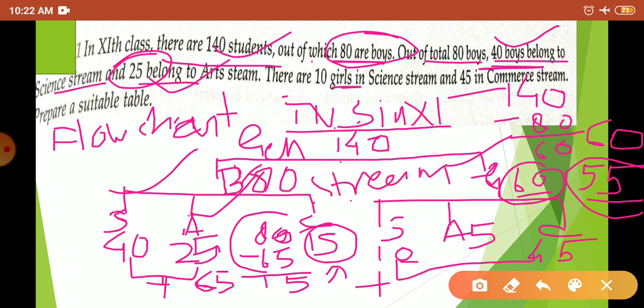So the heading will be total number of students in class 11th, and the subheading will be classification, division of the class on the basis of gender and stream. Okay, then what will be the caption? Boys and girls. Okay, and what will be the stub? Stub will be stream, and we are again going to divide it into science, commerce and arts.